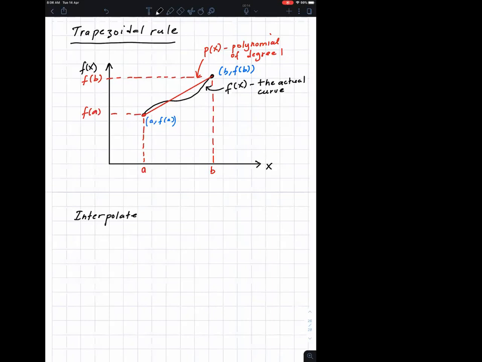You try to develop an equation to approximate the polynomial. Interpolate f(x) with a polynomial of degree 1.